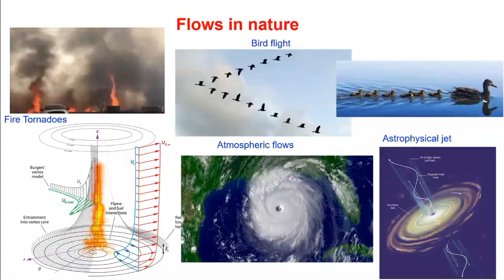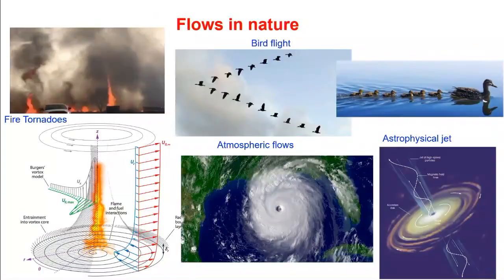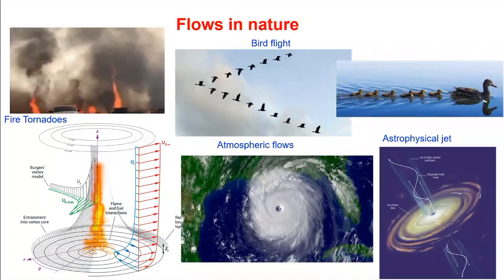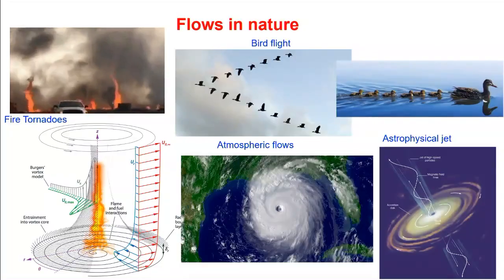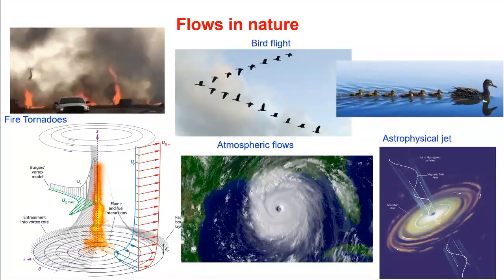Similarly, these are very prevalent in nature. A hurricane is a vortex. Tornadoes, even astrophysical jets, you can model by vortices.